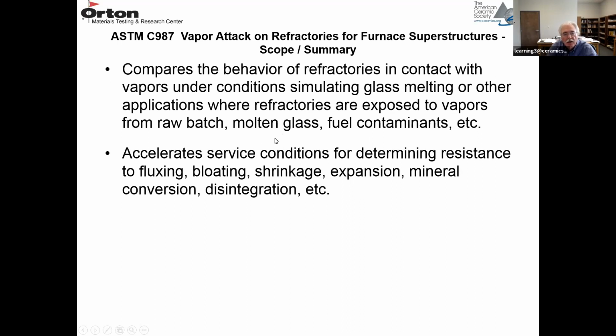So in a glass tank, you have a lot of alkalis present. They vaporize, they diffuse to the furnace roof, and they give rise to what's known as vapor attack. So this test accelerates service conditions for determining fluxing, loading, shrinkage, expansion, mineral conversion, disintegration, whatever is happening to that refractory.